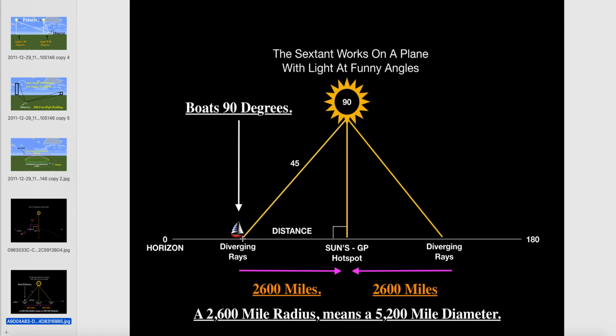So the person in the boat knows that in a straight line distance from their position through the sun's GP to the opposite side at the same distance, there's a straight line distance of 5,200 miles. They know that there's a circle of equal altitude that has a diameter of 5,200 miles.